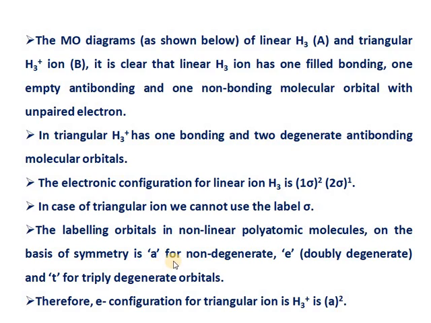The small a is used for non-degenerate orbitals, small e is used for doubly degenerate orbitals, and small t is used for triply degenerate orbitals. Therefore, the electronic configuration for the triangular H3 plus ion is a1 squared. Why is it 2? Because the non-degenerate orbital will contain two electrons, right?